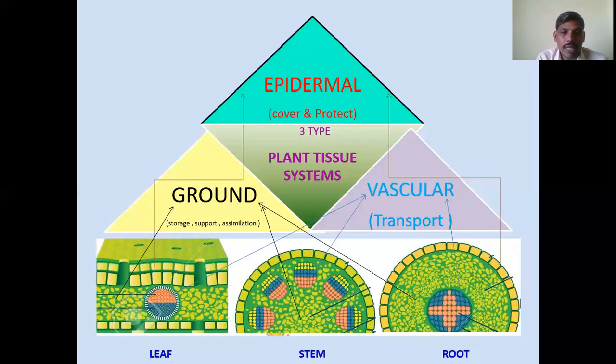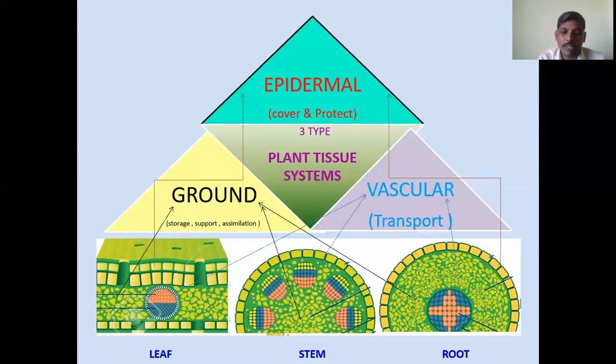So this area, for example the cortex region and pith region and below the epidermal layers present in the plant body, makes the ground tissue system. So these are the three tissue systems recognized and classified by Julius Sachs in angiosperm plants.